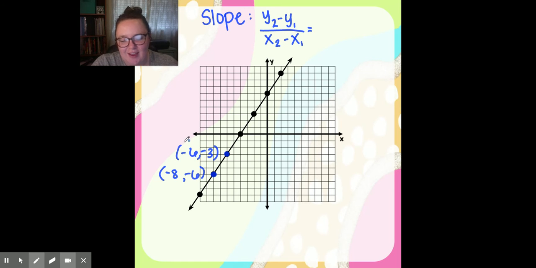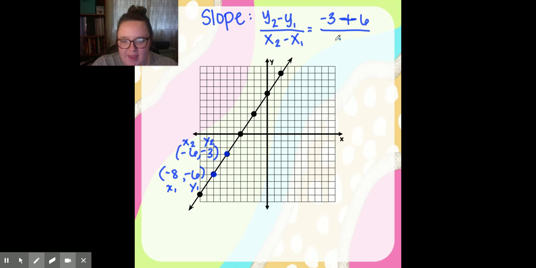So if this was the x for point 1, the y for point 1, the x for point 2, the y for point 2, I can now substitute those values into this formula, right? So y2 is -3 minus y1 is -6. And again, we're going to change that double negative to a positive.